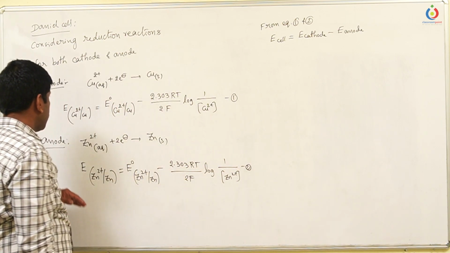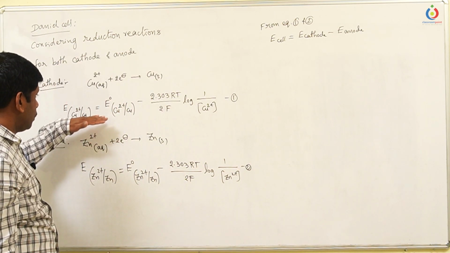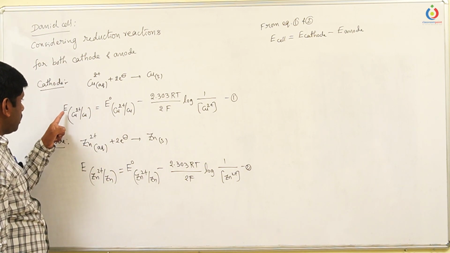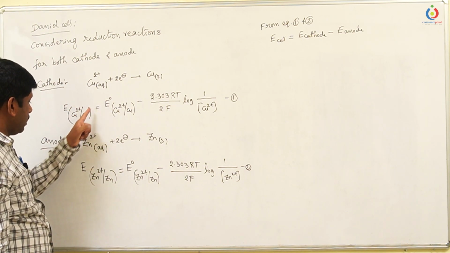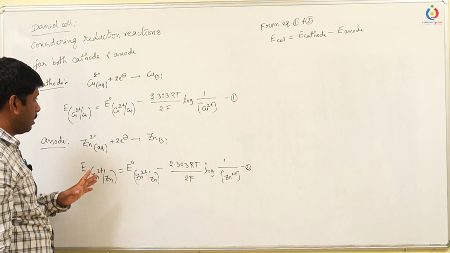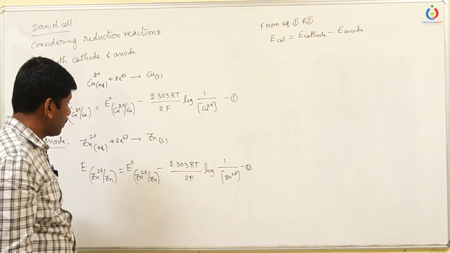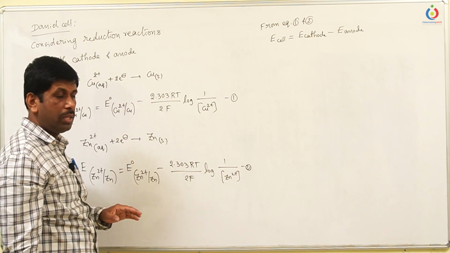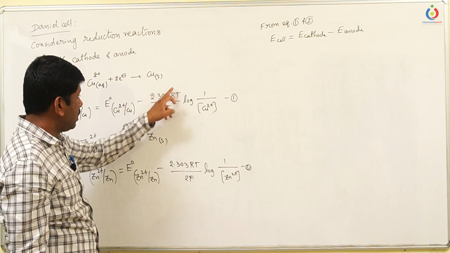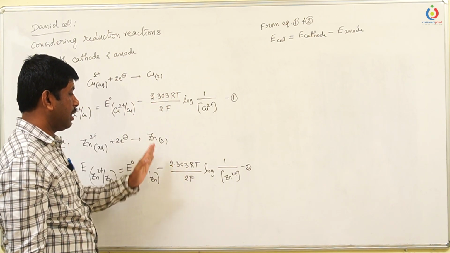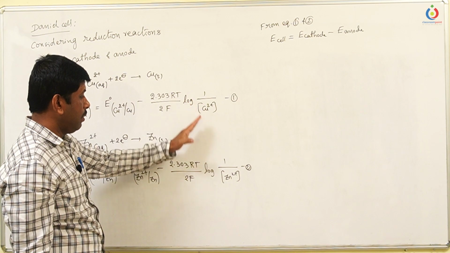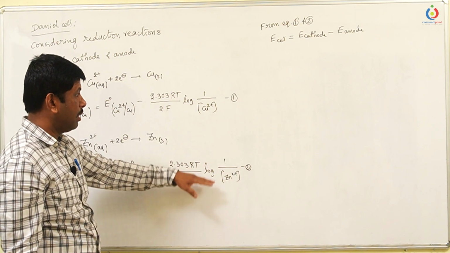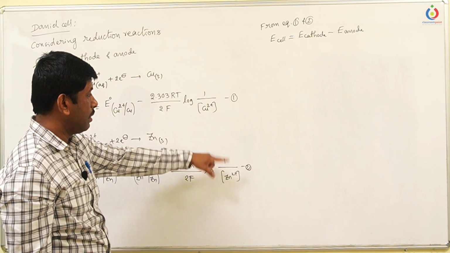What is E cathode? Cathode is this one, so from this equation we have to subtract this equation. That means E Cu2 plus by Cu minus E Zn2 plus by Zn becomes the E cell. Similarly, E naught of this value minus E naught of this value becomes the E naught cell. Minus 2.303 by 2F is common, so we take it common, log of this value minus this value. So log A minus log B is log A by B.